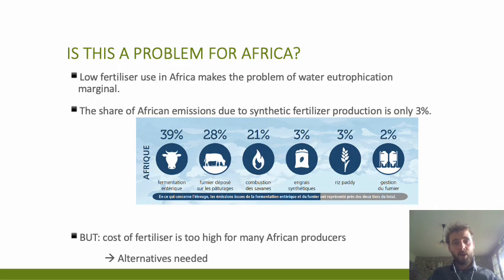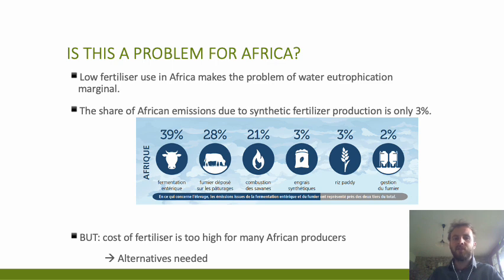But is this a problem for Africa? Firstly, the eutrophication problem will be quite marginal in Africa because the use of fertilizer is usually low. There are some cases of lake or river eutrophication, but it's really not a lot, not like in Europe or in the US, so it's not a big problem. Now, the impact on climate change.